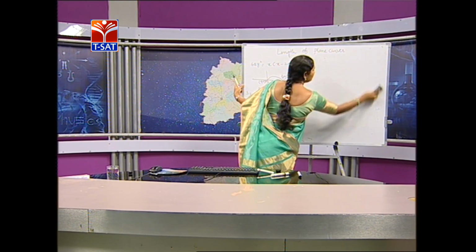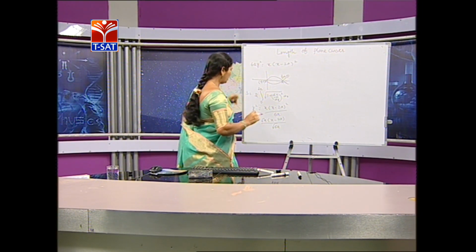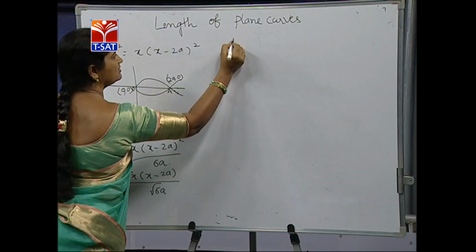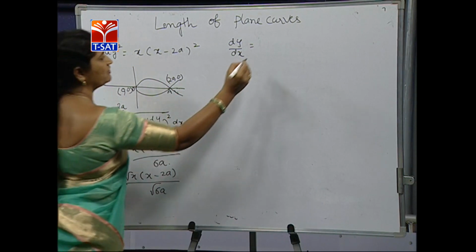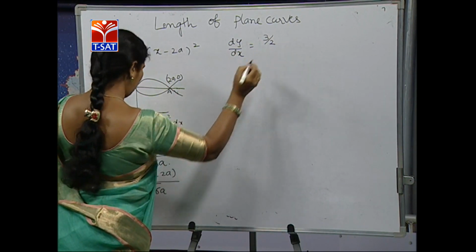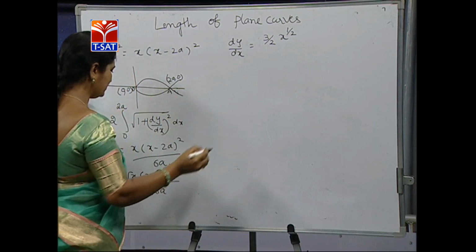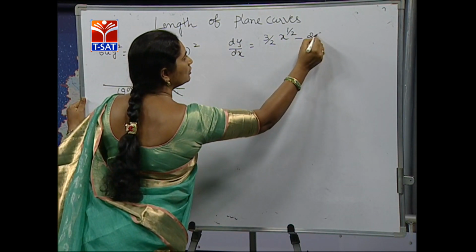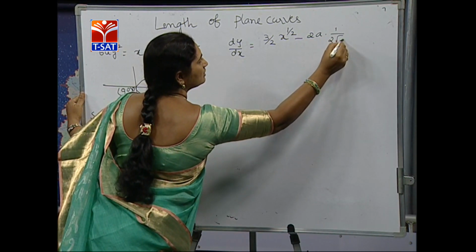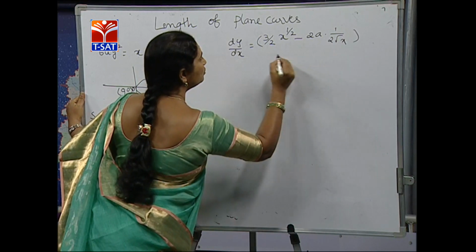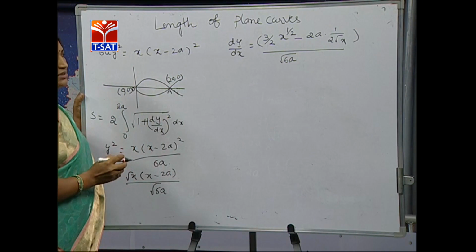Now differentiating this. The differentiation of x^(3/2) is 3/2 x^(1/2), minus 2a times the differentiation of √x, which is 1/(2√x), and this whole thing is divided by √6a.